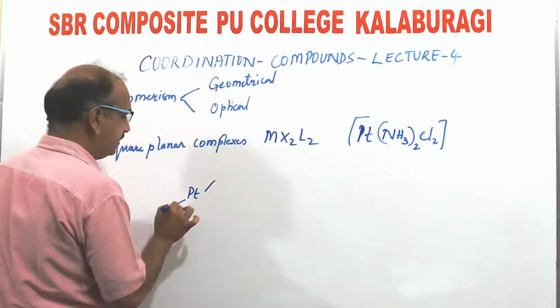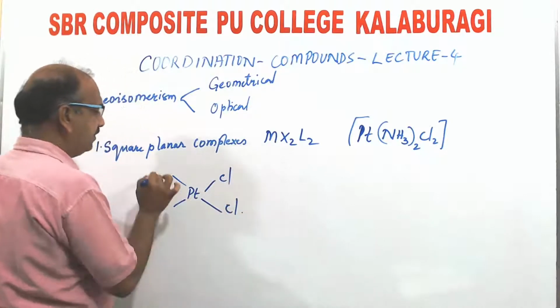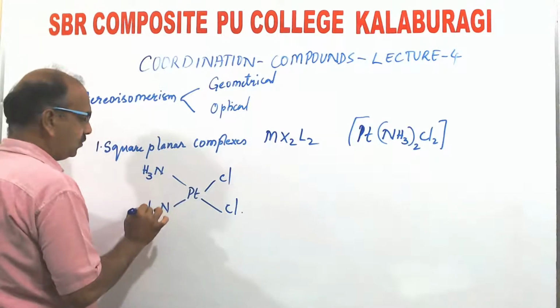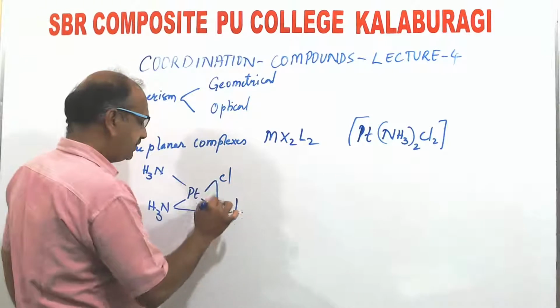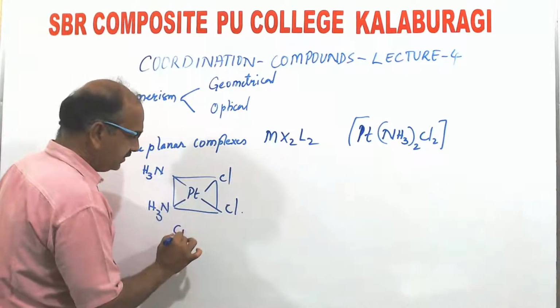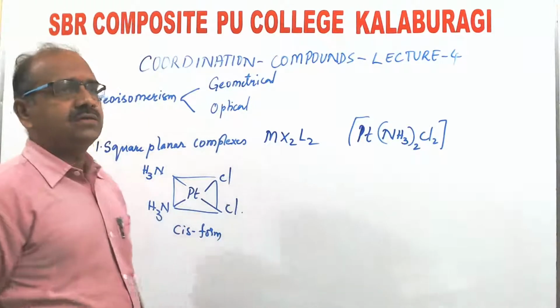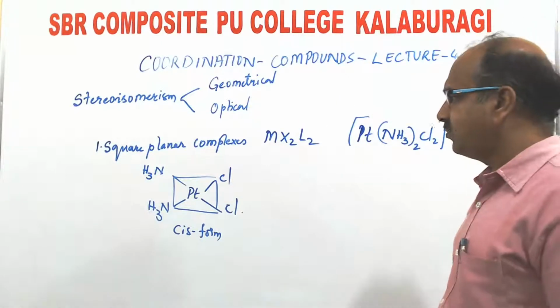Platinum at the center, two chlorines on one side itself, and two ammonias on the other side. So this forms a square planar complex like this. This will be the cis form of the square planar complex Pt(NH3)2Cl2.